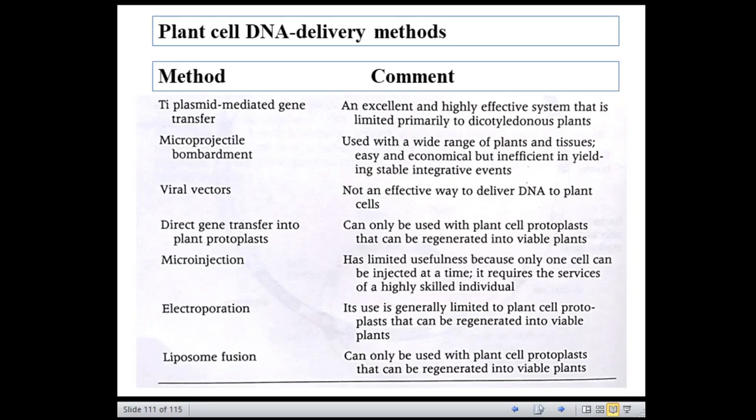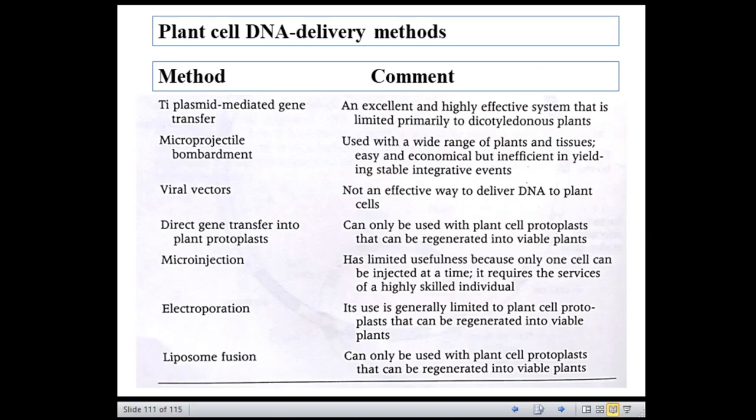But at present, most of the time researchers favor the use of either Ti plasmid based vectors or microprojectile bombardment to deliver DNA into plant cells. So, Ti plasmid for the dicots and microprojectile bombardment to deliver the DNA into plant cells for monocots.